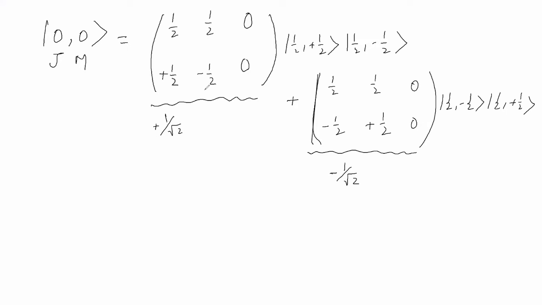This Clebsch-Gordon will turn out to be plus 1 by root 2, and this Clebsch-Gordon would turn out to be minus 1 by root 2, such that you will write it as 1 by root 2, particle in state 1 is in spin up state, particle in state 2 is in spin down state, minus sign, particle in state 1 in a spin down state and particle in state 2 in a spin up state.